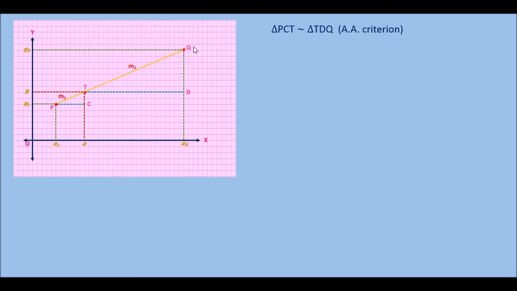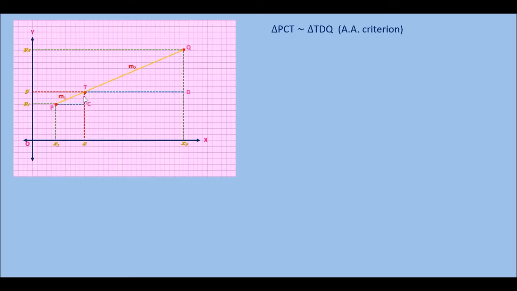Again, taking these two parallel lines, this TD and QX2, even these two are parallel lines and again PQ is the transversal. So angle PTC, that is this angle, is equal to angle TQD, that is this one. Again, these two are corresponding angles, hence equal.